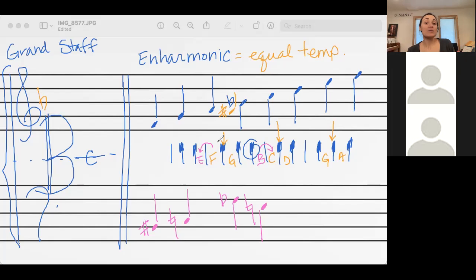But all that's really important is to know that enharmonic notes did not always exist. We just, in Bach and later, have really developed this equal tempered system so that we can now, as flutists, play in all the keys, and they're pretty much all the same, homogeneous, in temperament.